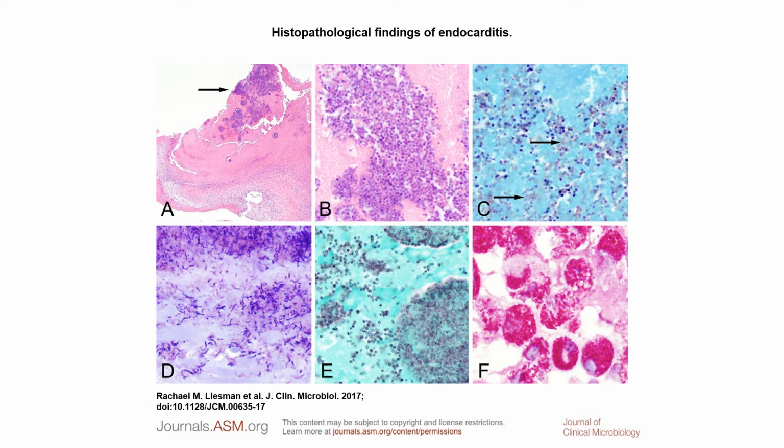Zooming in on B and C, you can see the gram-positive cocci inside that vegetation. Panels D, E, and F are images of other types of bacteria that can cause endocarditis. If you look in the notes section of this slide, you can see what they are. On the left is C. acnes, and on the right is Whipple's disease.